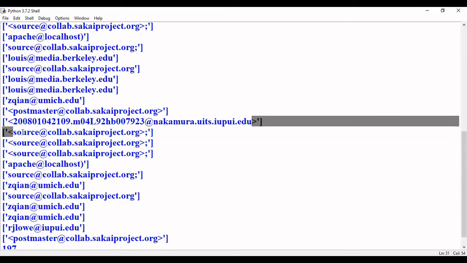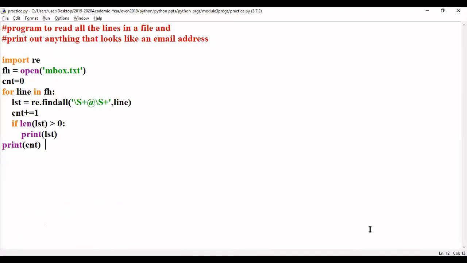To do this, we use another feature of regular expressions, that is square brackets. How we can use that, we will be seeing right now. When I say square bracket, any characters enclosed in the square bracket mean that we are considering those characters while matching the pattern.